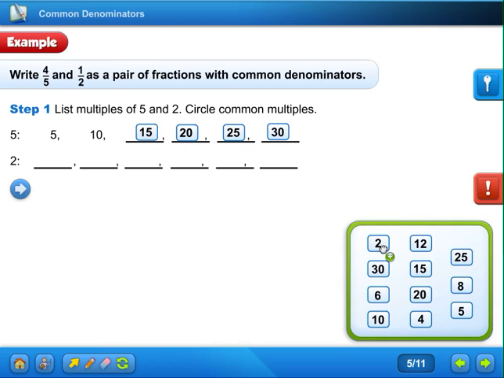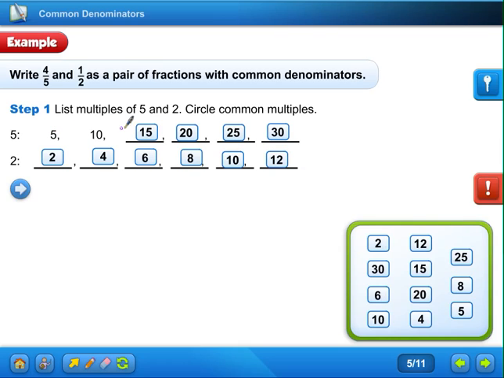And for 2, you have 2, 4, 6, 8, 10, and 12. All right, so list the multiples of 5 and 2. Circle common multiples. So what do they have in common?